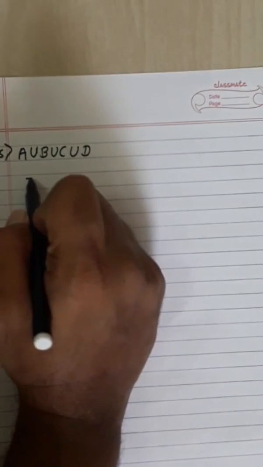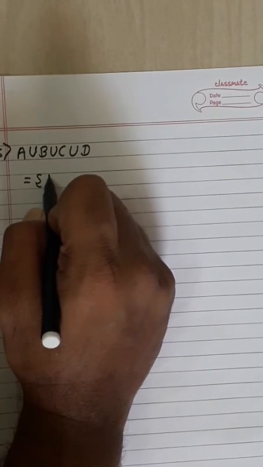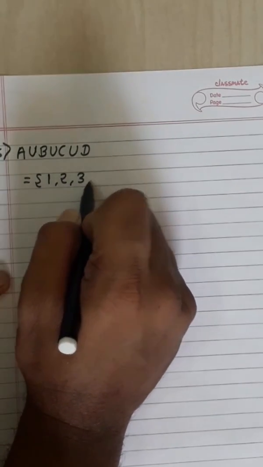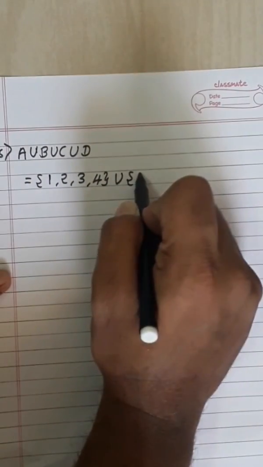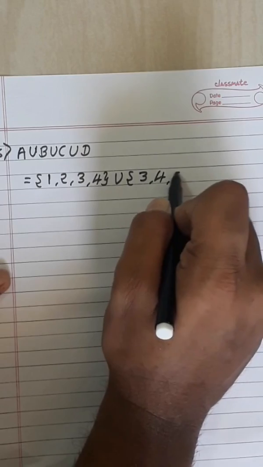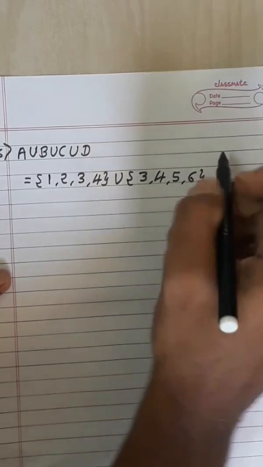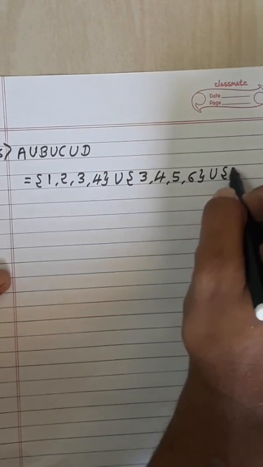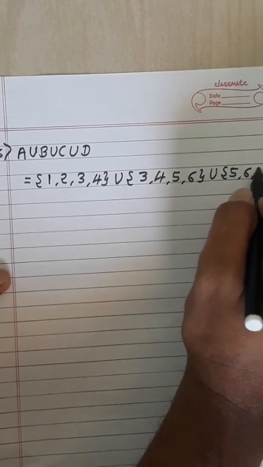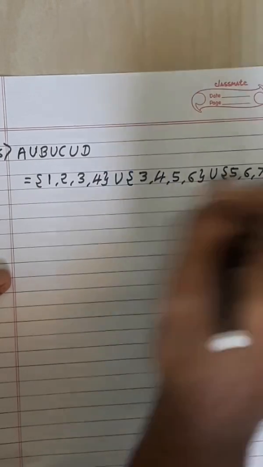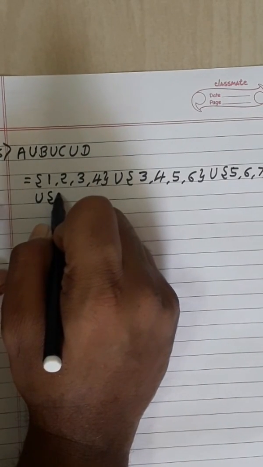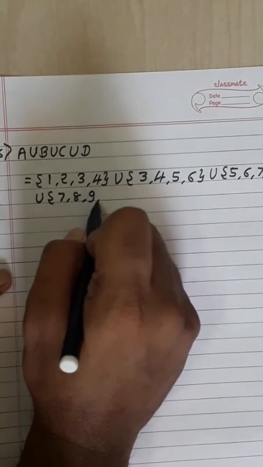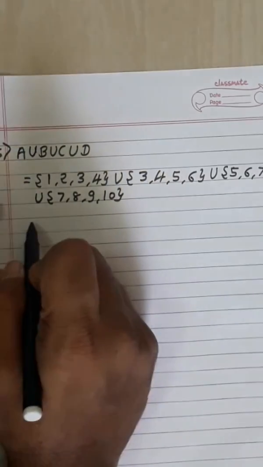So here we can write A, that means 1, 2, 3, 4, union B means 3, 4, 5, 6, union set C, that means 5, 6, 7, 8, union set D means 7, 8, 9, 10.